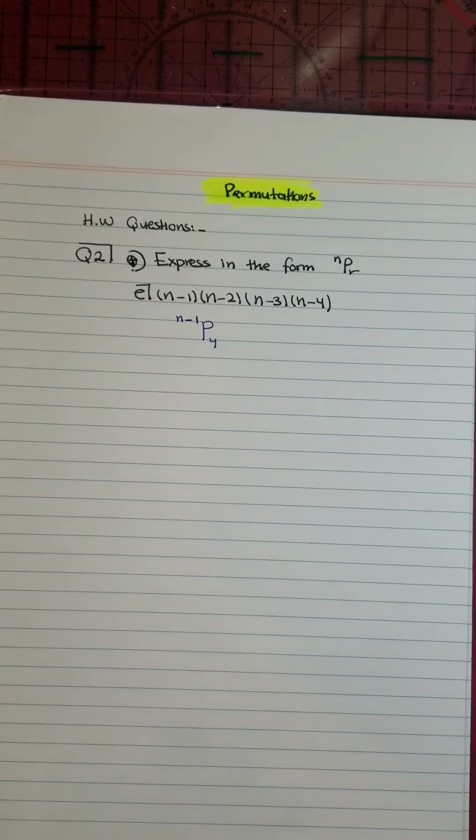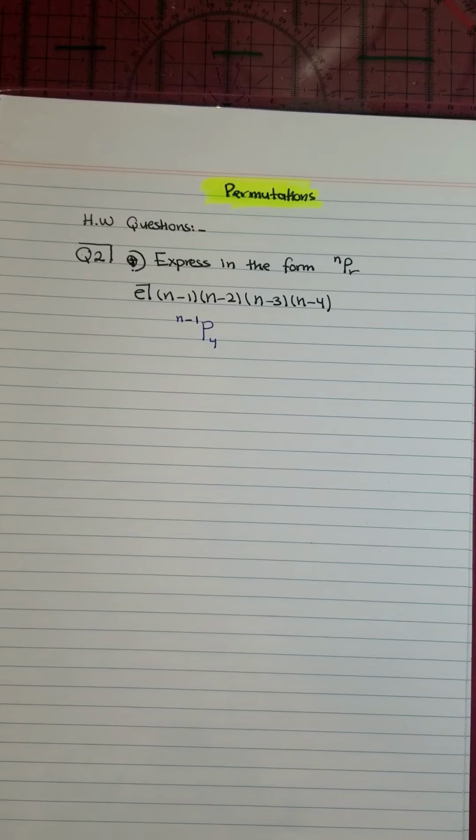Okay, now, another one was F. And in this one, what was required is to write n cubed minus n multiplied by n squared minus 4 in the form of a permutation.